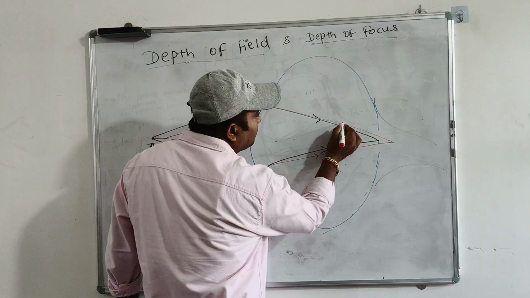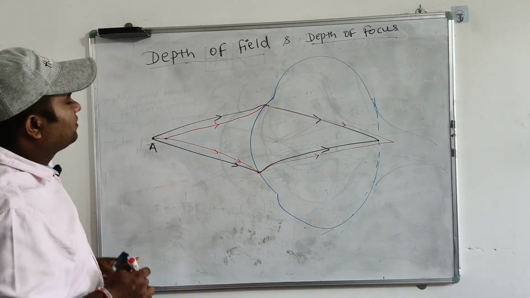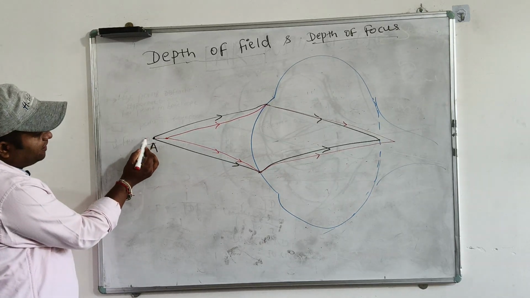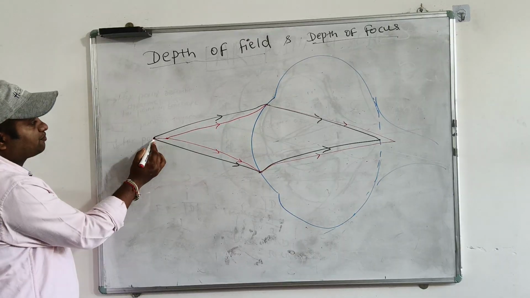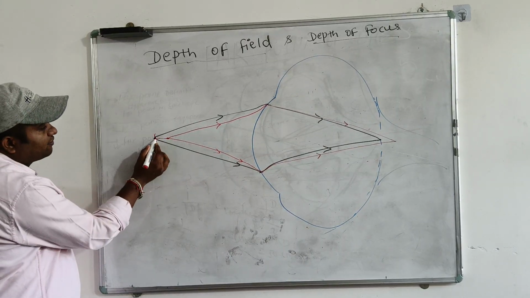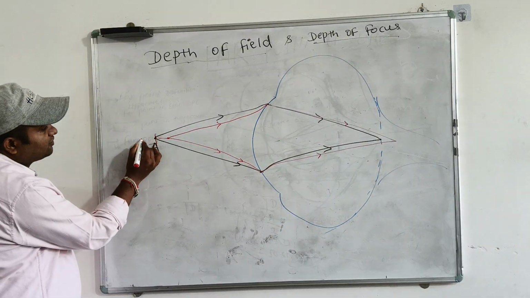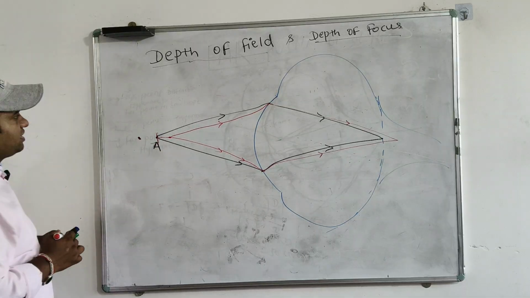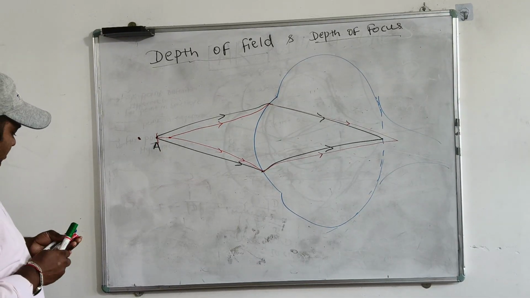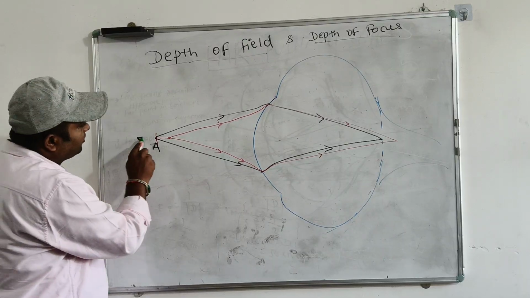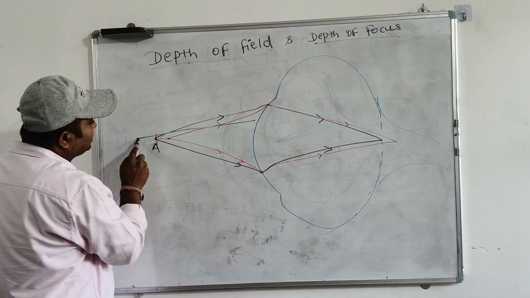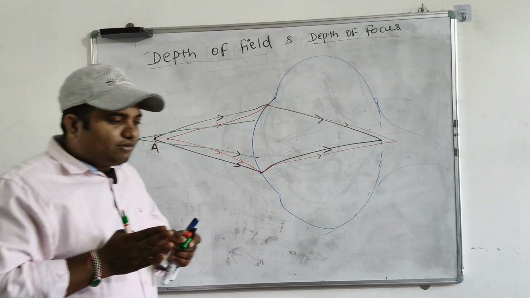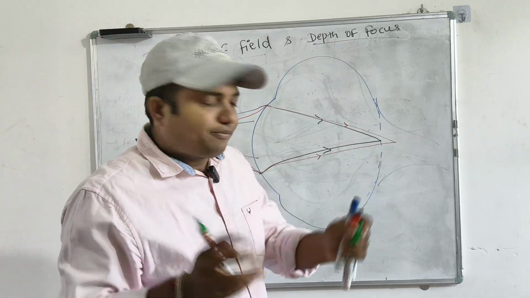Not only this, even if you move the object slightly farther from the focused point, let's assume at this point, I'll take the green color. From here, less divergent light will be there. When the object is far, divergence will be less. When you move closer to the eye, divergence will be more, right?